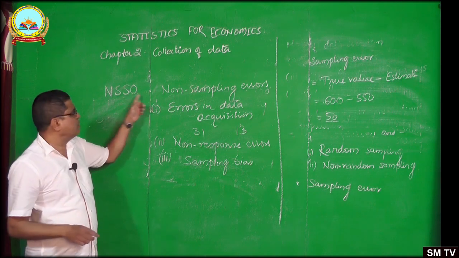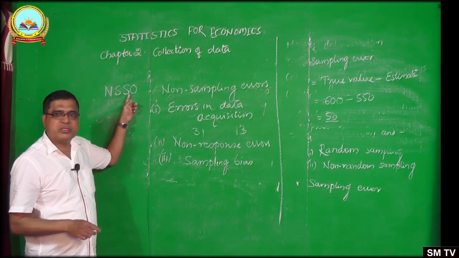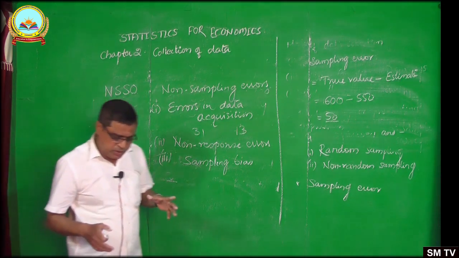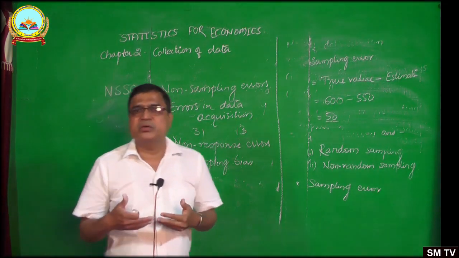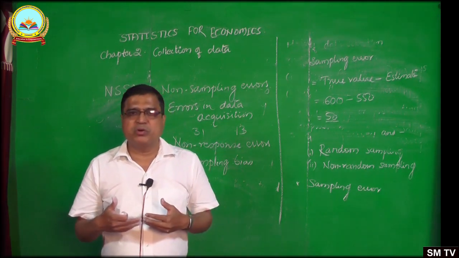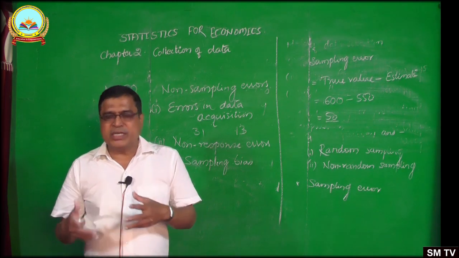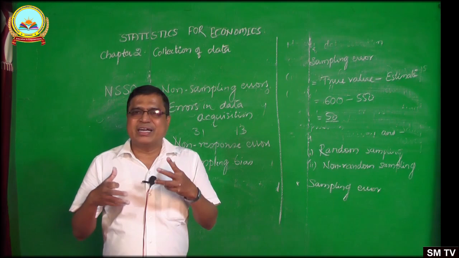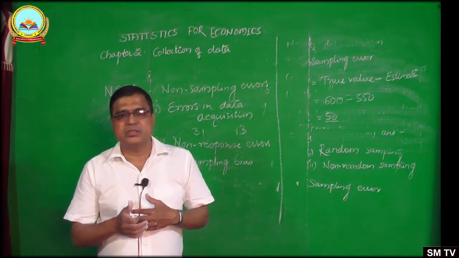Now it is called the National Sample Survey Office. And this NSSO is a governmental body, governed by the central government. So it has the responsibility of collecting the data or conducting the surveys.